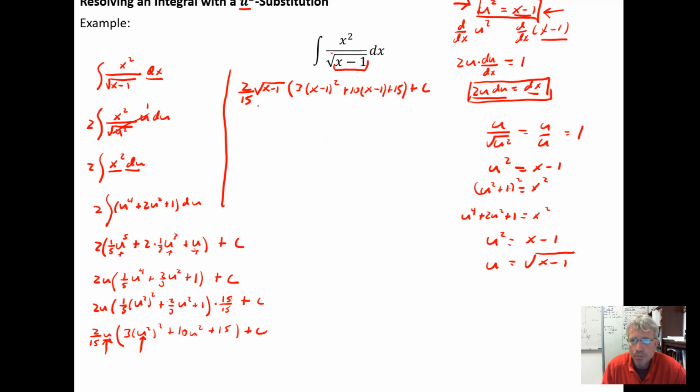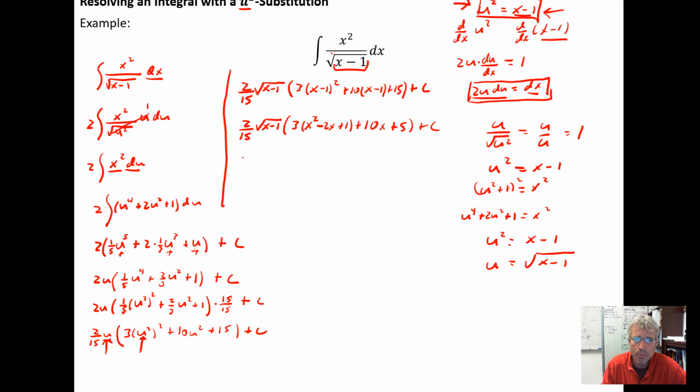So now I'm going to simplify a little bit more. I'm going to get 2/15 times the square root of x minus 1 times, I get 3 times x minus 1 squared, which is going to be x squared minus 2x plus 1, plus, distribute the 10 into the parentheses, I'm going to get 10x minus 10 plus 15 is plus 5, plus a constant of integration.